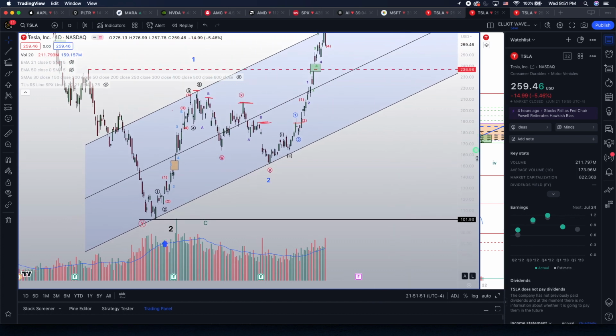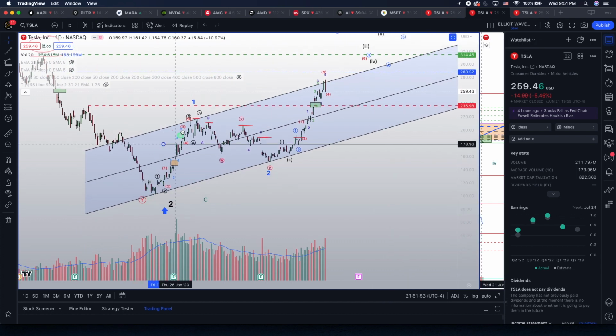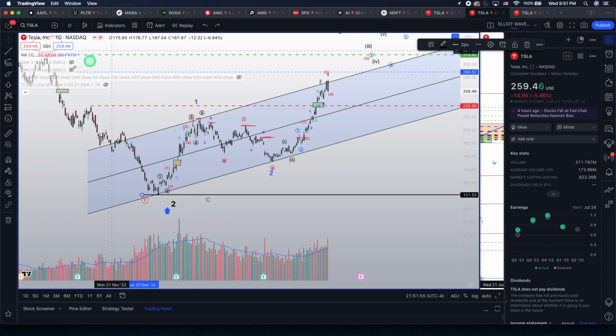We have our first wave up right here, and then we have our A, B, C for our W, we have our X, then we have A, B, C for our Y, and then we've been rallying higher.